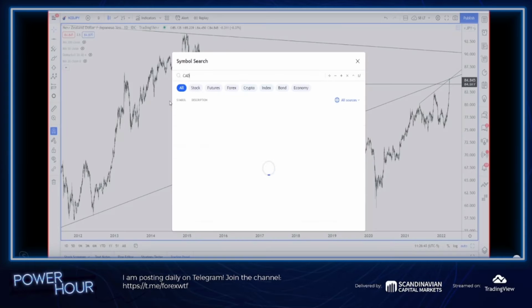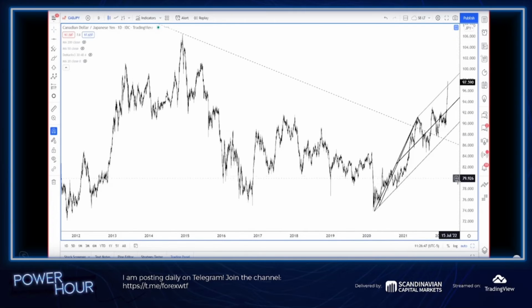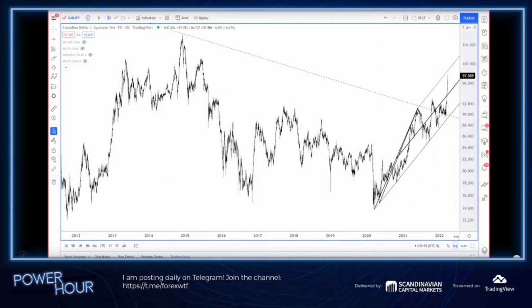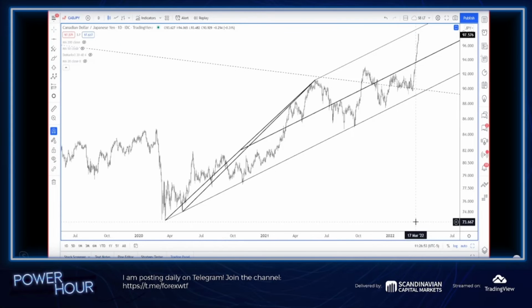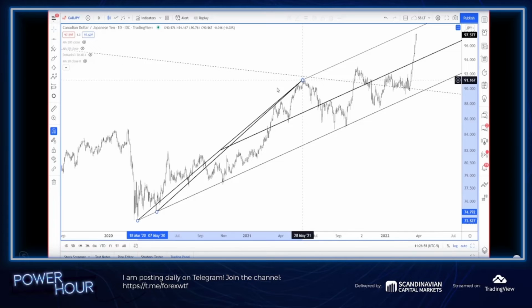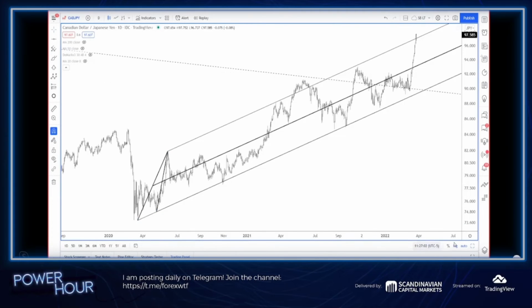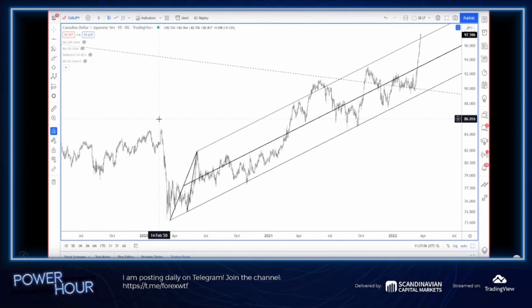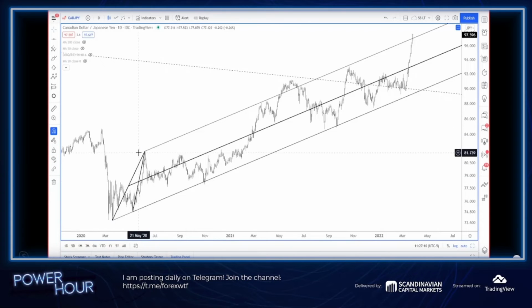CAD yen's also a very interesting chart, especially on a very long-term basis. So here's the channel. Doesn't get much clearer than this. If I were writing a textbook on channeling, this would probably be in there.